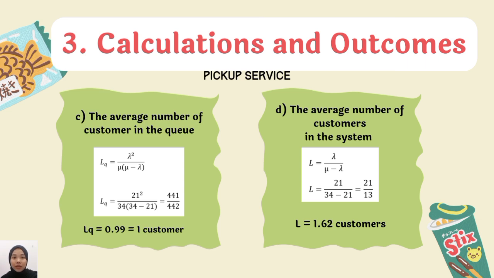For the average number of customers in the system, we can use the formula L equal to lambda over mu minus lambda, where we substitute the values of lambda and mu into the equation. We will get L equal to 21 over 13, which is L equal to 1.62 customers.